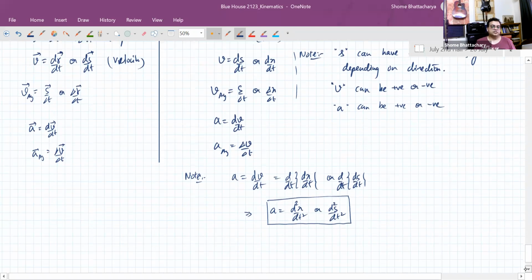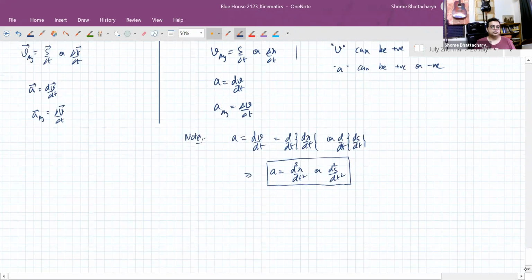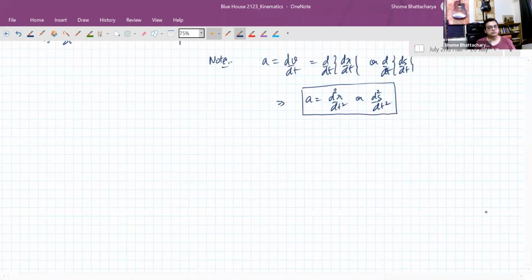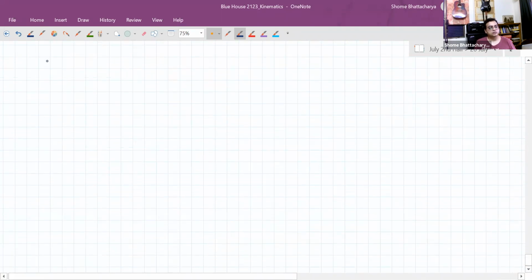Okay, now the next thing is the application of calculus in one-dimensional motion.